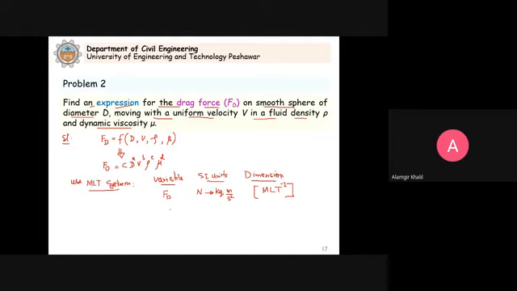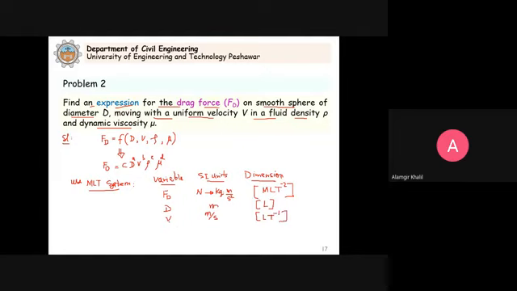Similarly, the diameter has units of meter, which can be written as L. The velocity has units of meter per second, which can be written as L T to the power minus 1.